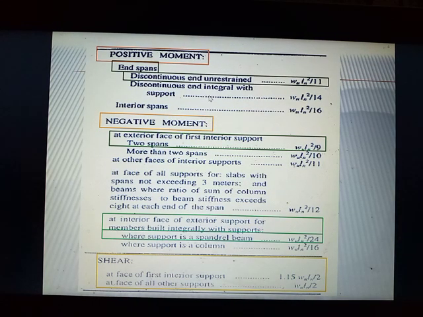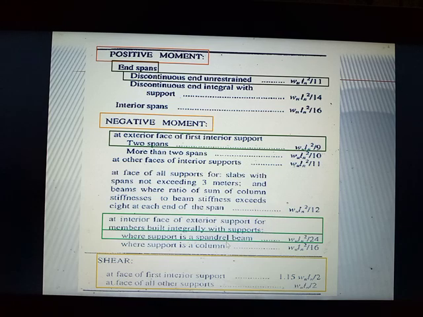Speaking of positive moments, discontinuous and unrestrained, the formula for its moment is WLn squared over 11, in contrast with end integral with supports, which is WLn squared over 14. Same with negative moments, since it has two spans, you use WLn squared over 9.